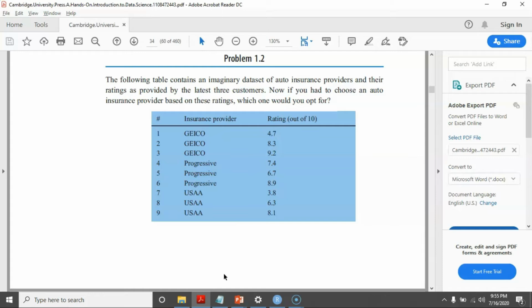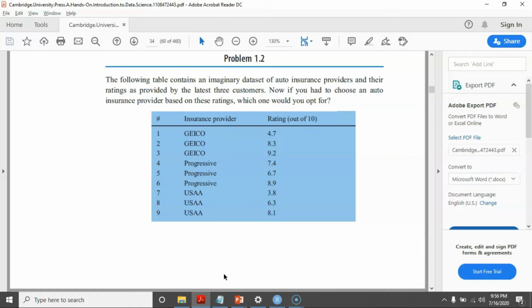Of course, the higher rating means the best one. If some insurance provider has a rating of 10, this is the best one. And gradually, if it decreases, it decreases in terms of services as well, right? So the problem is very simple. You want to find out which insurance provider is best.